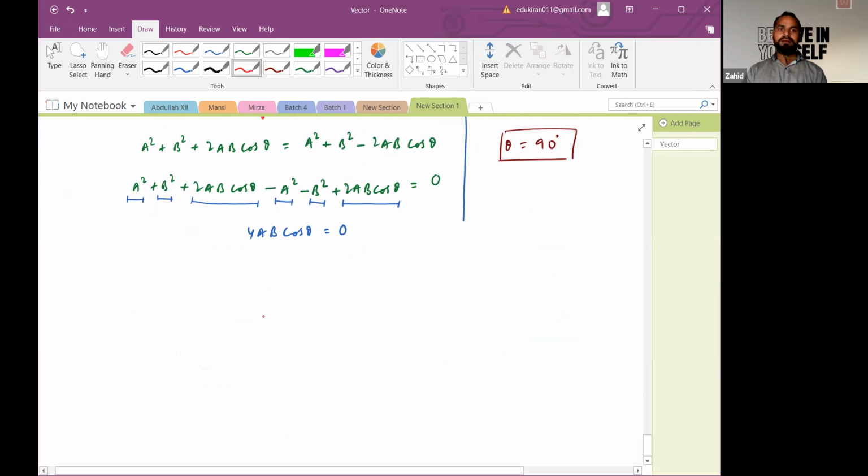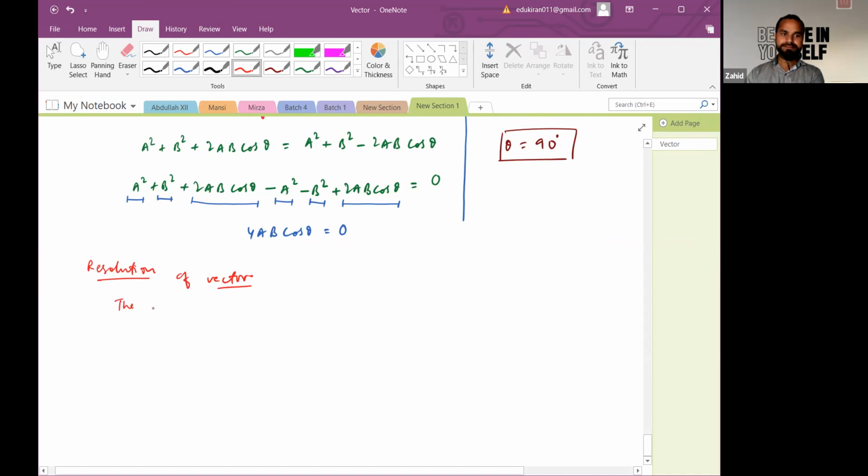So this is about addition of two vector or defining magnitude of addition of two vector. Next is resolution of vector. It means splitting of a vector into their respective component along different coordinate axes.